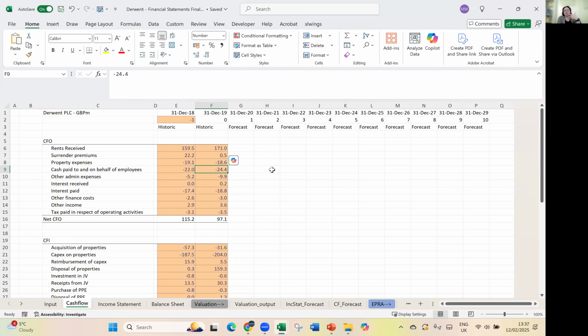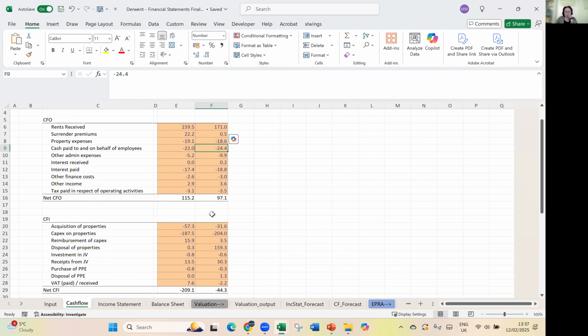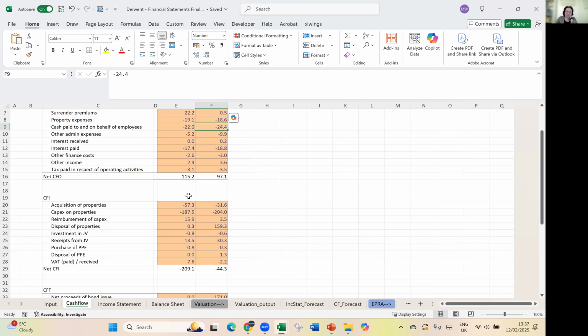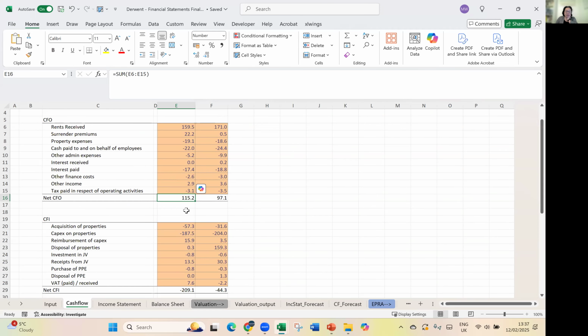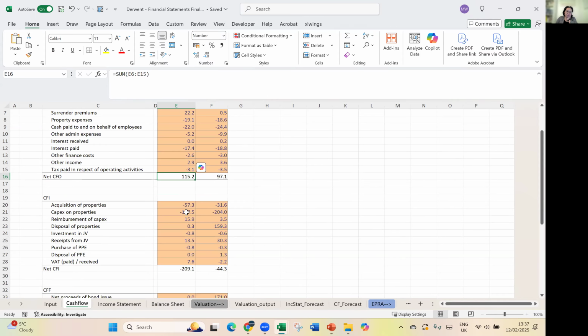Your CFI, if you are already in a mature business, will not be very large in relation to your CFO.